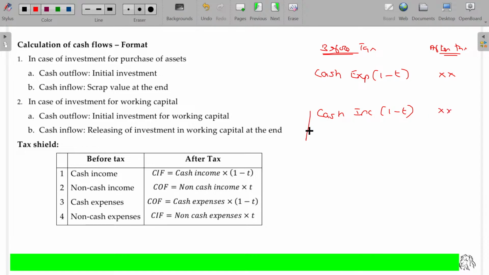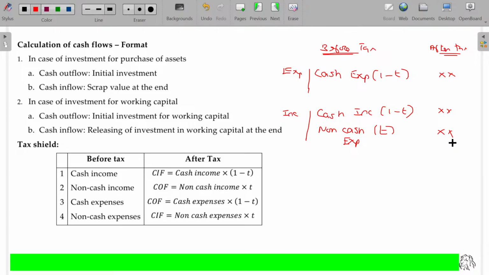Now, non-cash expenses. In case of non-cash expenses like depreciation, taxation to the extent of t is your income.